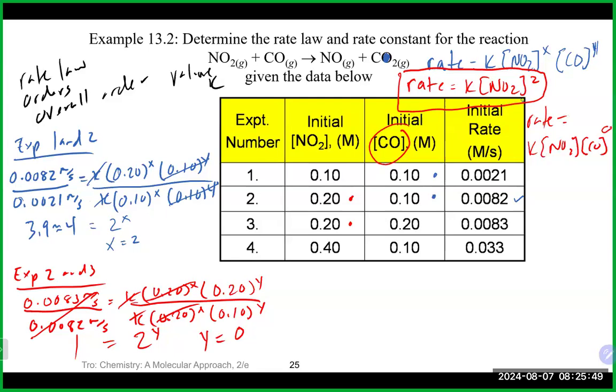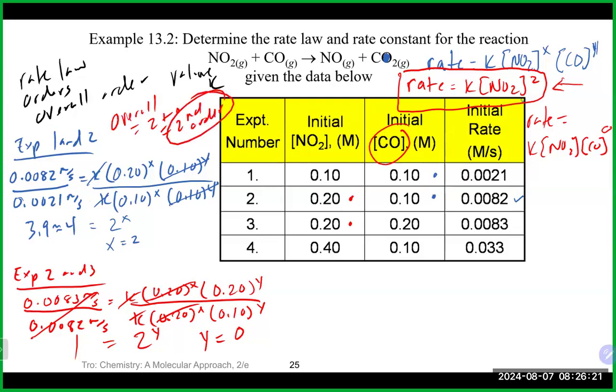Because if you do not put the 0 on top of it and just put it in with nothing written there, it is implied that it is first order, right? So you got to make sure if you do want to include it, you put the 0 in. Again, if you don't put that 0 and you leave it in there, people think it's first order. So probably could just leave it out since obviously it's not going to be the one that's affecting the rate at all. The overall order in this case would then be 2 plus 0, which is second order overall by just adding those guys together.